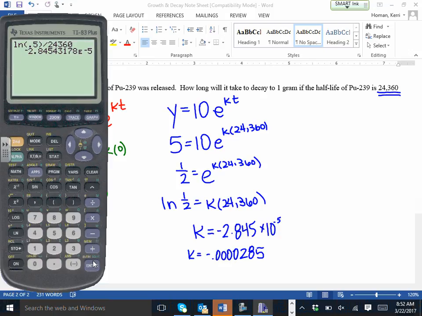And since they gave us 1 gram, that's an amount, it goes in for Y. Okay, so we can divide by 10.